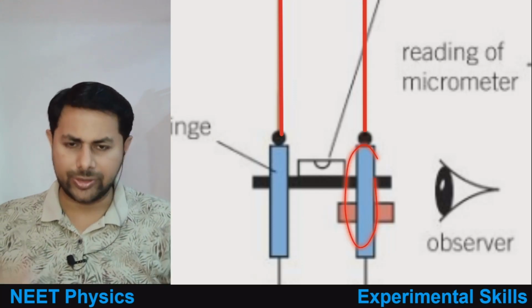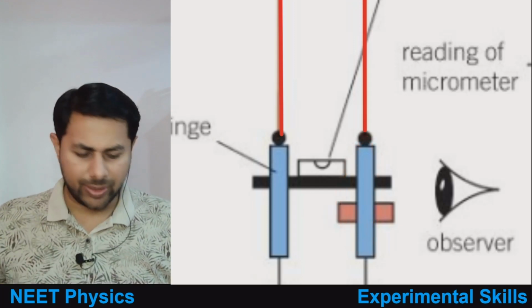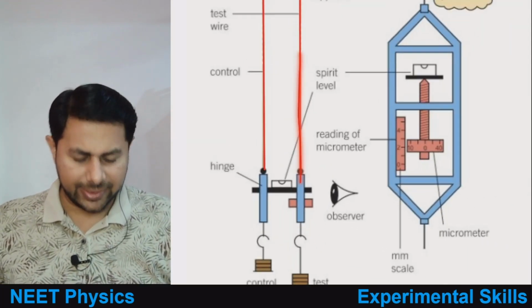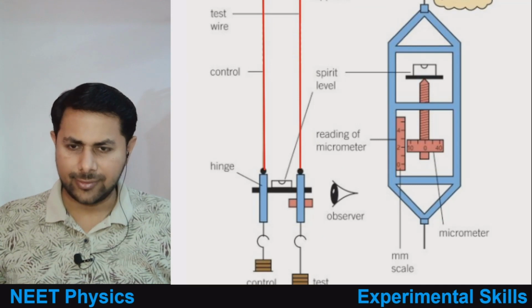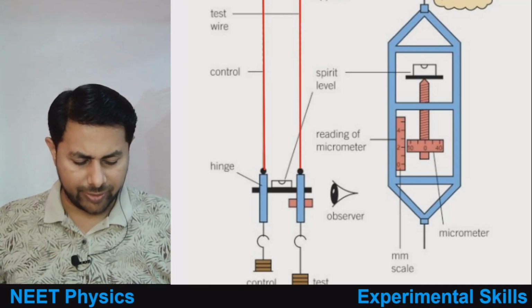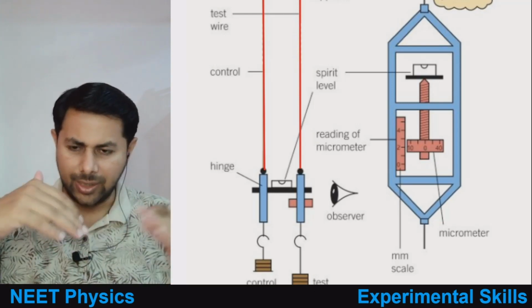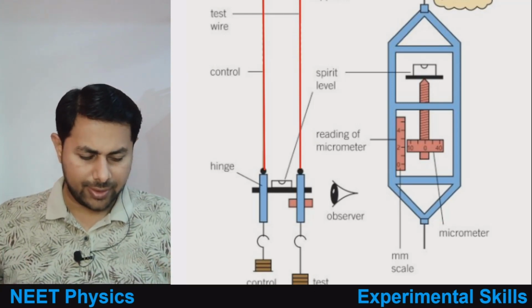Suppose this frame moves down. How will it move down? If one of the wires gets extended, then the frame will move down. In that case the bubble will shift towards left.